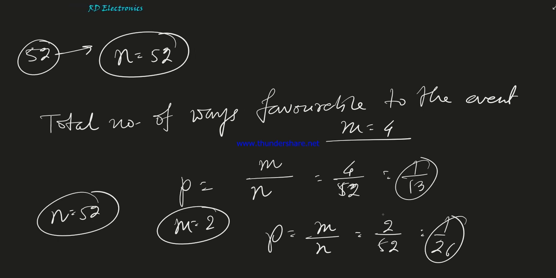In a card playing game, this type of problem arises: to draw the king, or when a card is drawn at random from a well shuffled pack of 52 cards, find the probability of getting the 2 of hearts or diamonds.